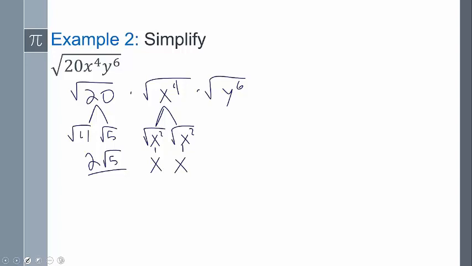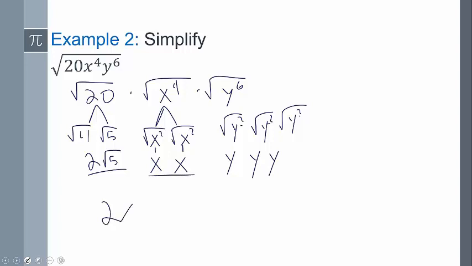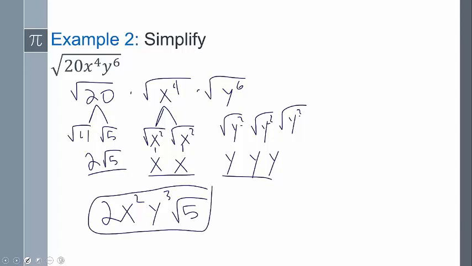And then with my y, that's actually 1, 2, 3, because 1, 2, 3, 4, 5, 6, that adds up to 6. And so that's going to be y, y, and y. So combining all these together, I have 2 x squared, since I have 2 of them, y to the 3rd, since I have 3 of them, and I still have that square root of 5.